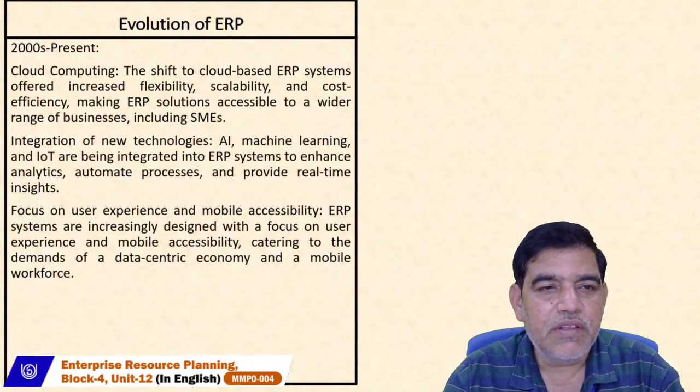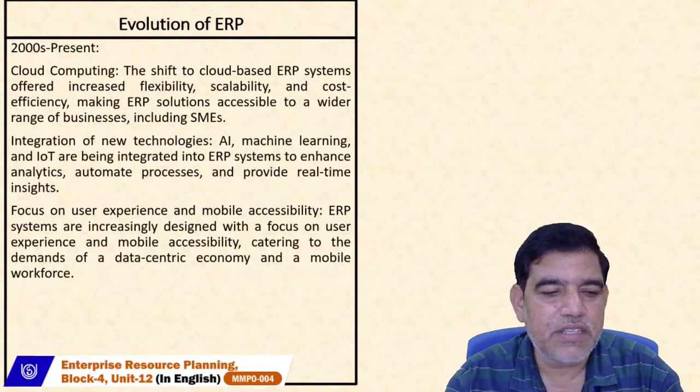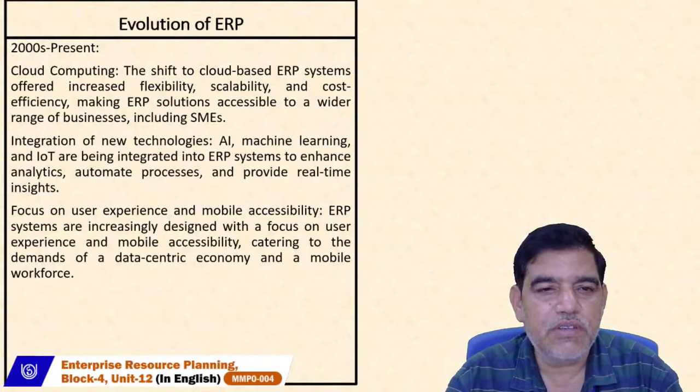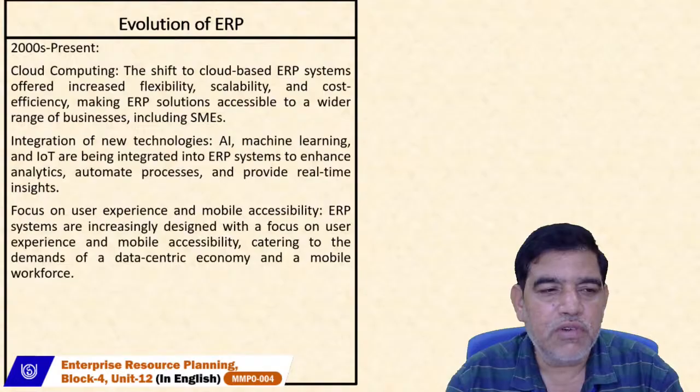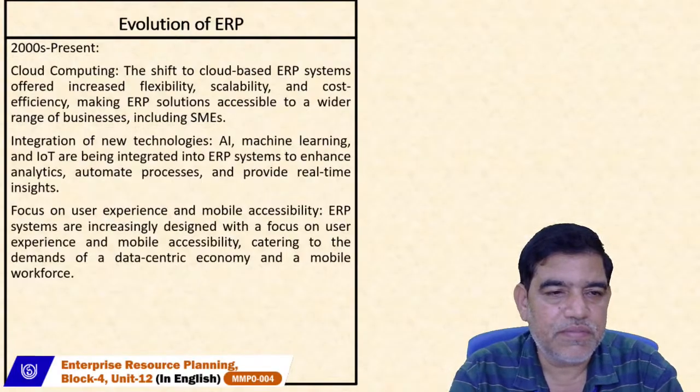Cloud computing, the shift to cloud-based ERP system, offers increased flexibility, scalability, and cost efficiency, making ERP solutions accessible to a wider range of businesses, including SMEs. Similarly, new technologies like AI, machine learning, and IoT are being integrated into ERP systems to enhance analytical and automated processes and provide real-time insights.